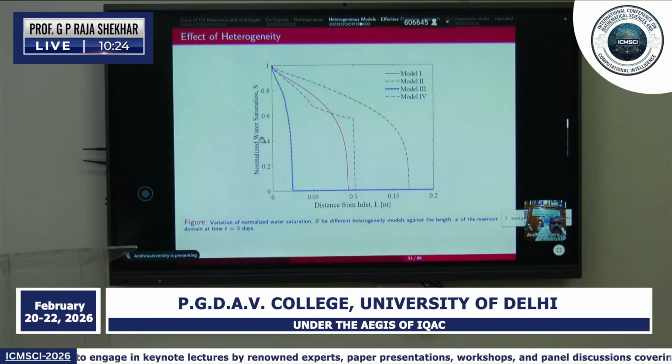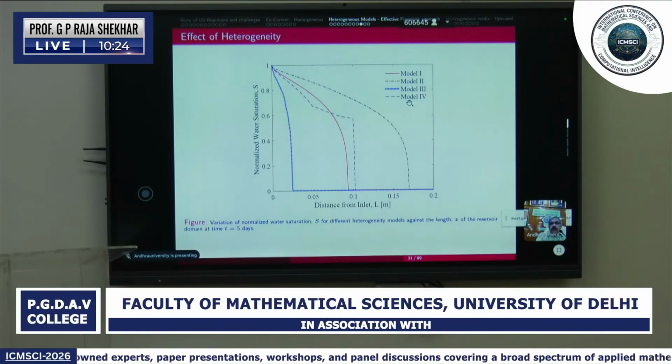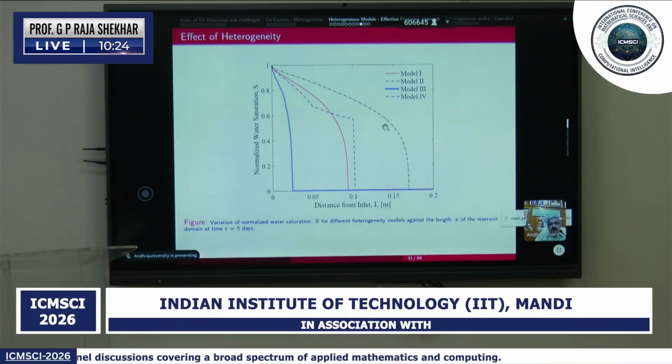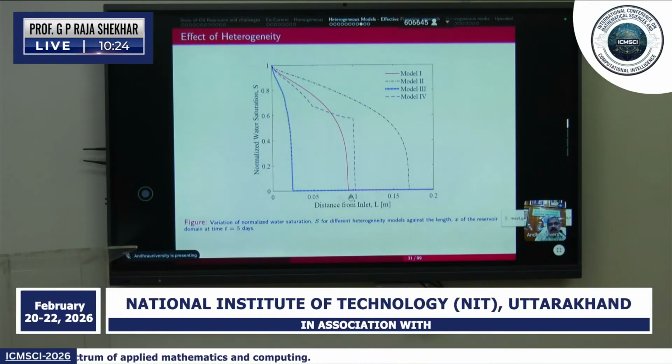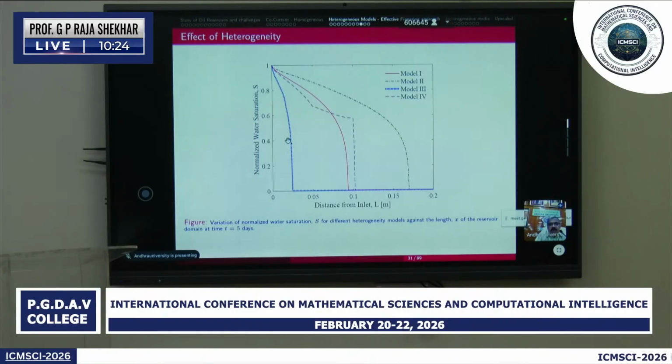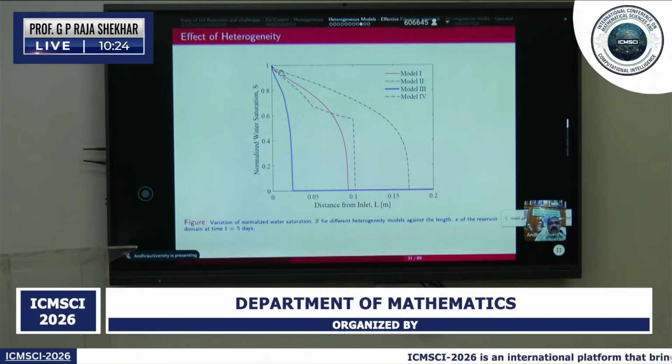The normalized water saturation indicates how much oil gets extracted. In model 2, which is the exponential periodic, you have a large delay. This is from the inlet distance in 1D, and this is the production well. For model 3, there is very rapid saturation.